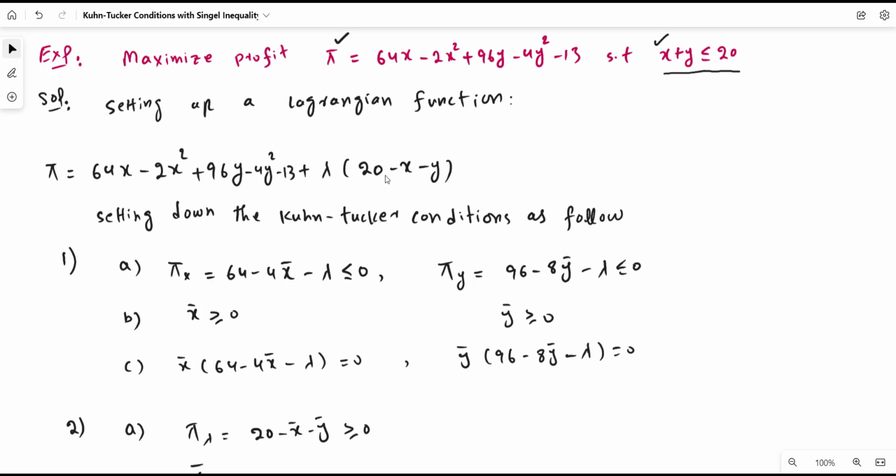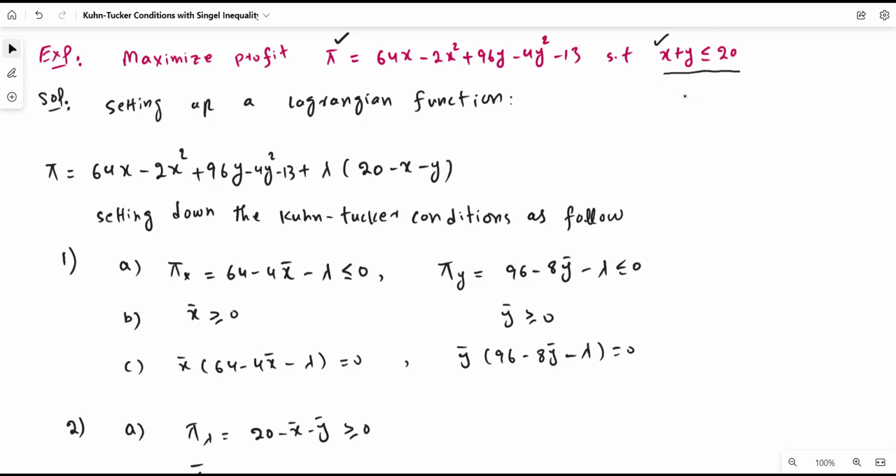All right. So first of all, we would like to set up the Lagrangian function. So write the profit function plus lambda times the rearranged inequality constraint.